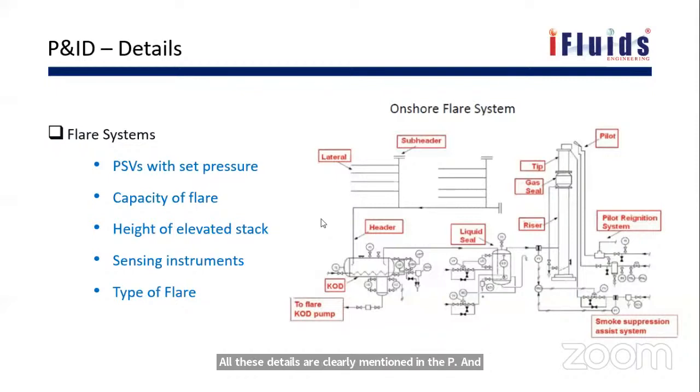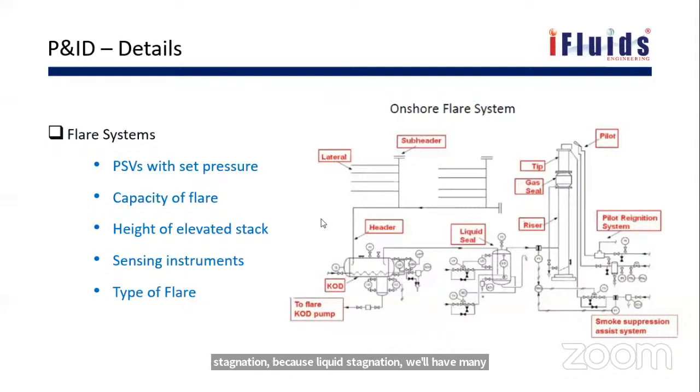Now, a few more things. Whenever you have a line moving from one elevation to another, at times we'll be required to mention the slope. This is to avoid liquid accumulation in that line. Any liquid in the line should easily flow towards the lowest point, lowest equipment, wherever we don't want any liquid stagnation, because liquid stagnation will have many effects.